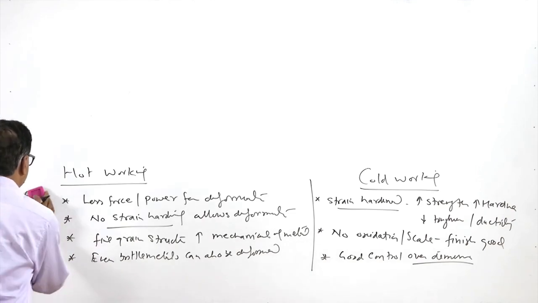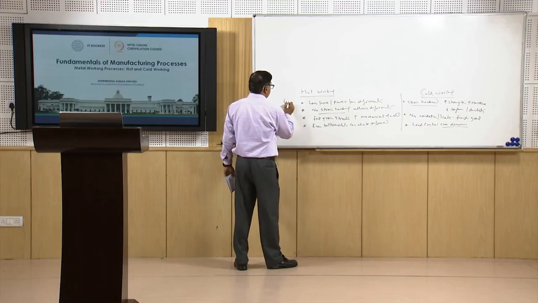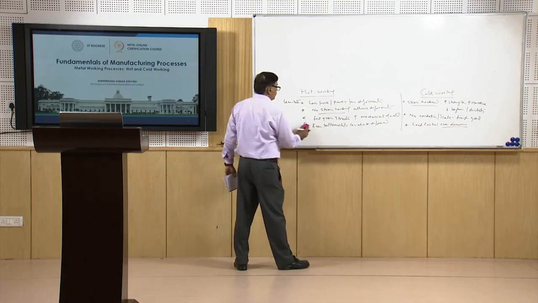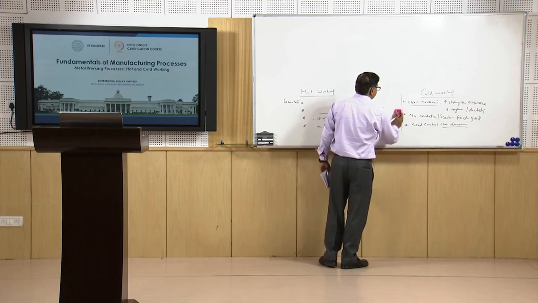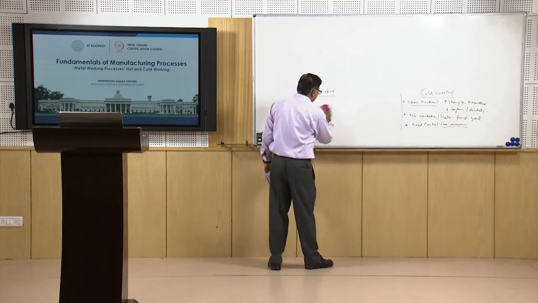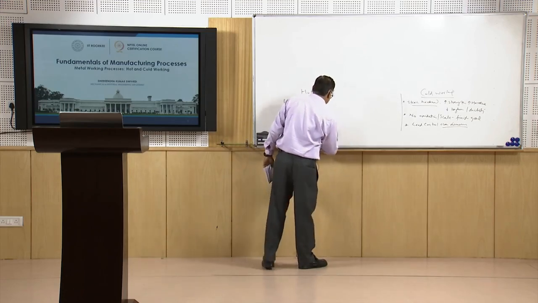Now, we will be comparing these in respect of the limitations of the hot working processes. So, the many advantages of the cold working processes are basically the limitations of the hot working processes.